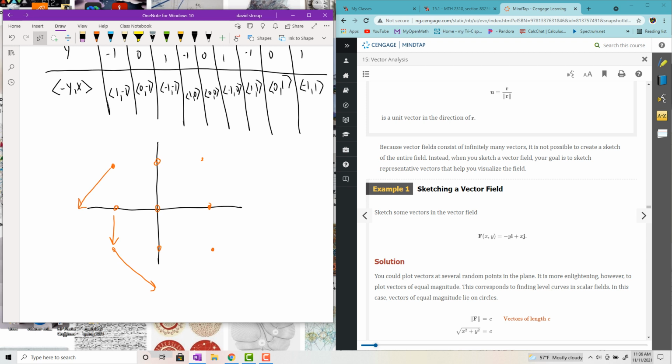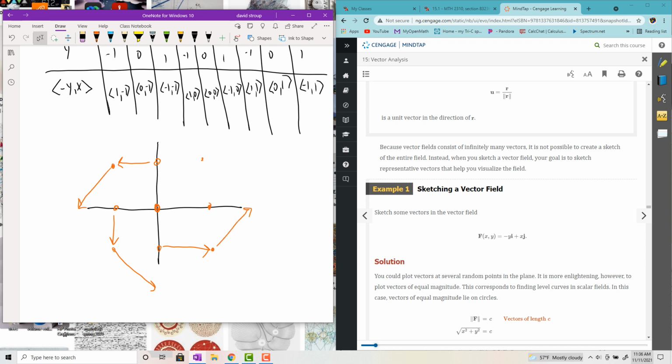Moving on to the next set, at 0, negative 1, we go right 1 and then 0. At 0, 0, we have 0, 0, so it's just a point. At 0, 1, I have negative 1 and then 0. At 1, negative 1, I have right 1, up 1.